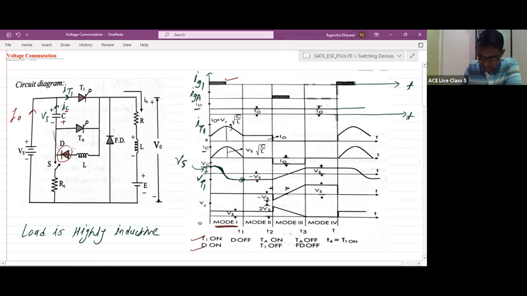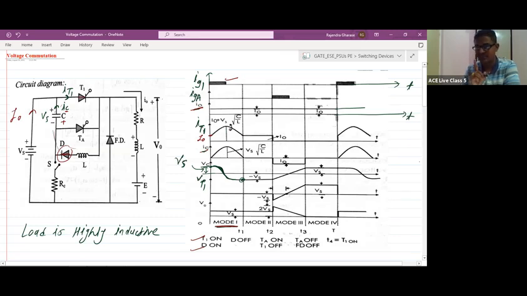After that, as IC increases, the addition of I0 plus IC increases. So the addition of this I0 waveform and this IC waveform during the mode 1 interval will be like this. So you get IT1 as I0 plus this, and that is why you get this type of pulse.